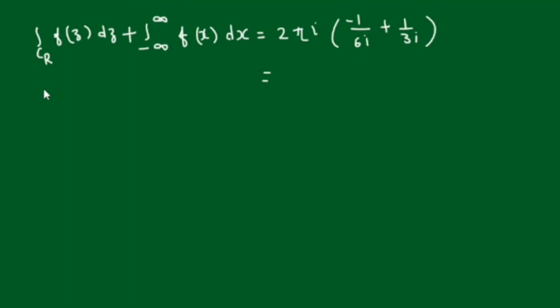So after solving this, we will get pi by 3. Suppose it is equation 4.